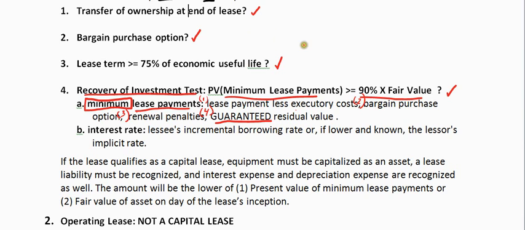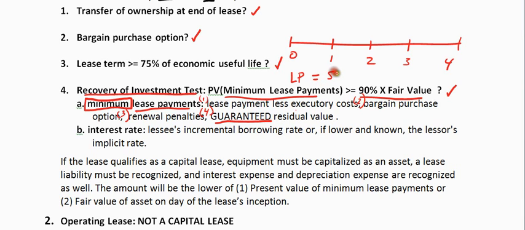So let me show it like this. Let's say you had a 4-year lease. Here's today, 1, 2, 3, and 4. And you had a lease payment, I'll just call it LP, which equaled 500, plus 200 in executory costs.